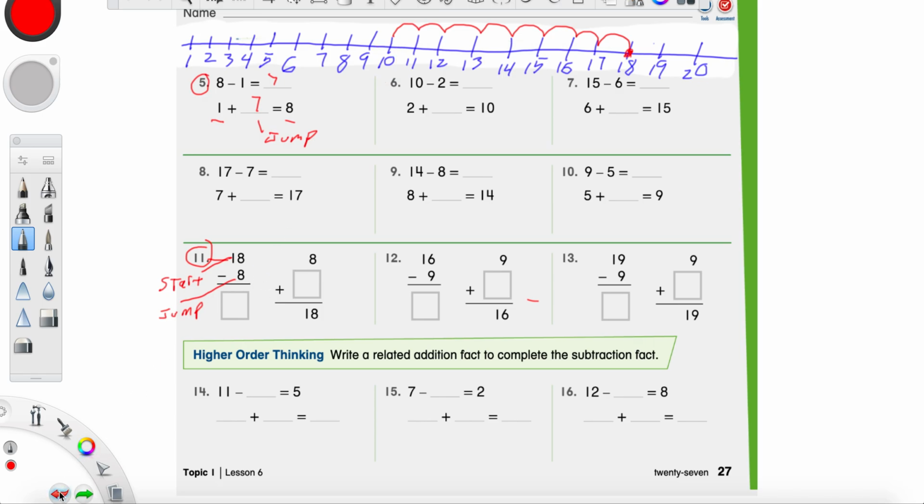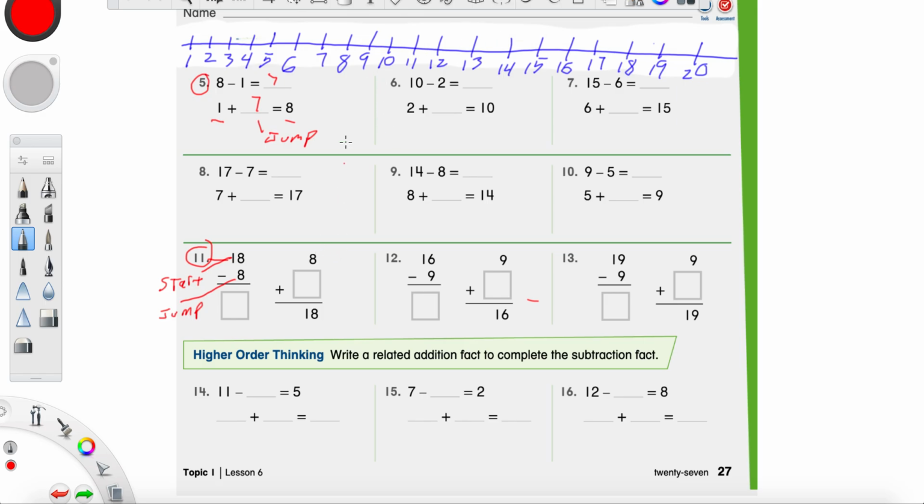But maybe you're like me and you just really don't like subtraction, and addition is like your best buddy in the world. Well, we can add to subtract, and because they're like brother and sister, they're all part of the same fact family.